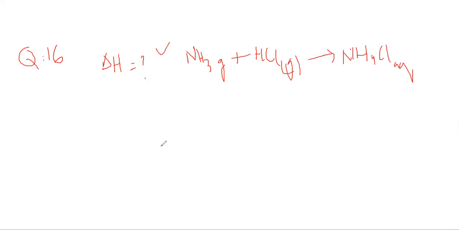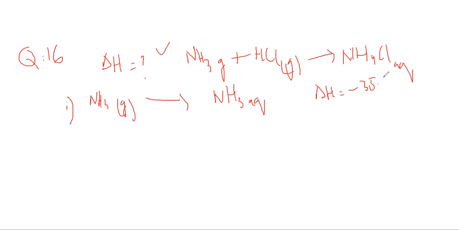Three reactions are given in your book. First one is NH3 as a gas converting into NH3 aqueous, with an enthalpy change of minus 35.16 kilojoule per mole.